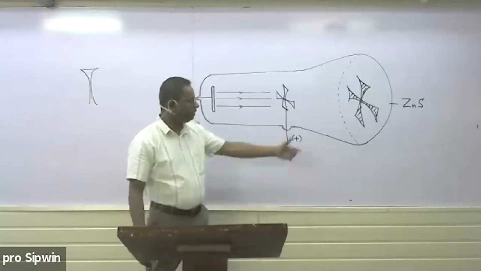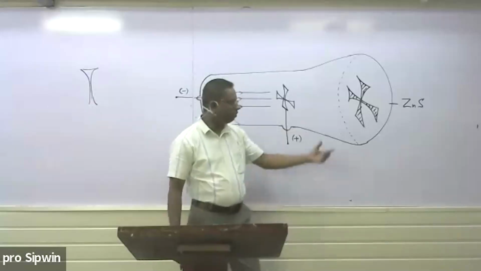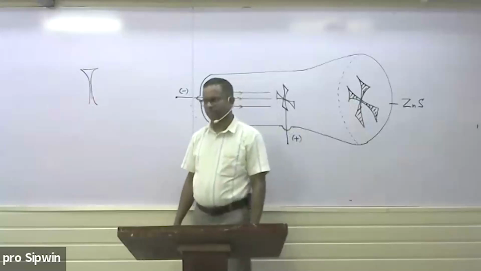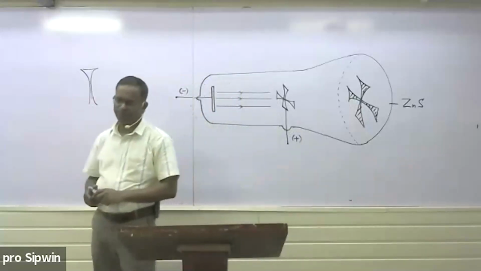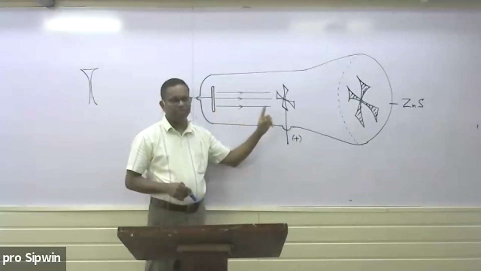When producing the shadow here, Thomson identified that our shadow also has sharp edges and margins. That is why he said these should move in straight lines.